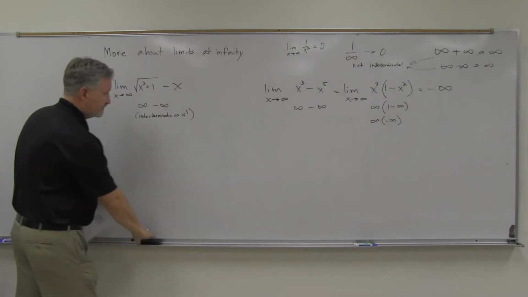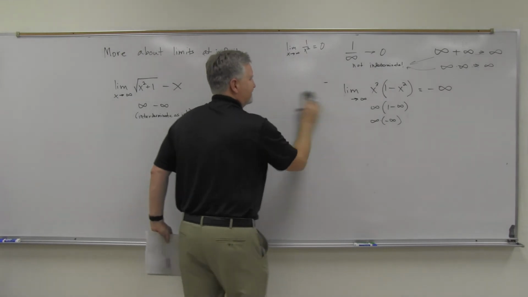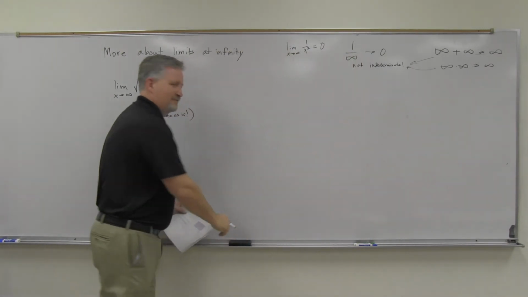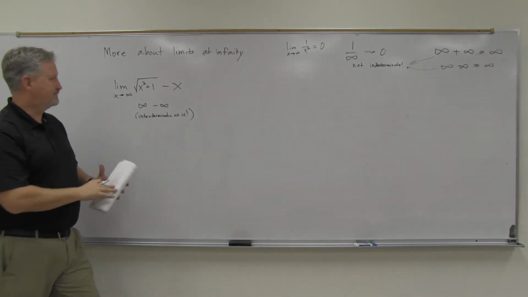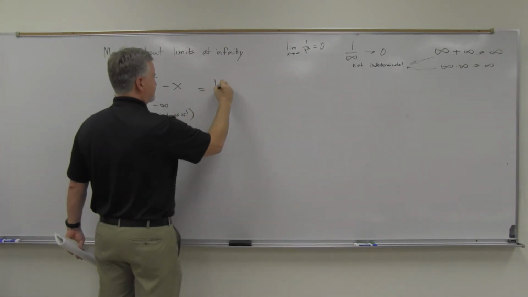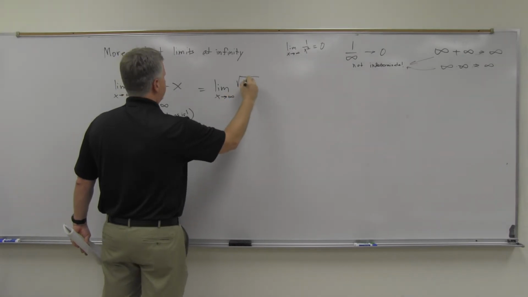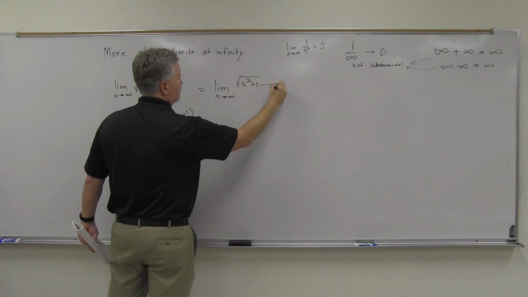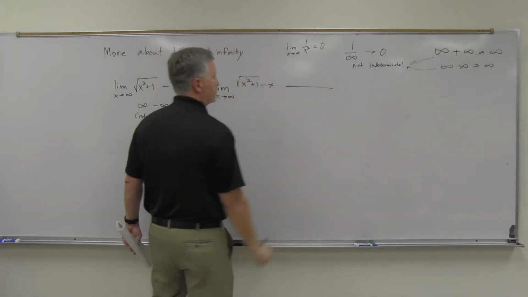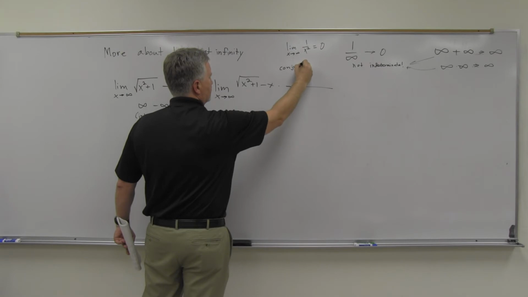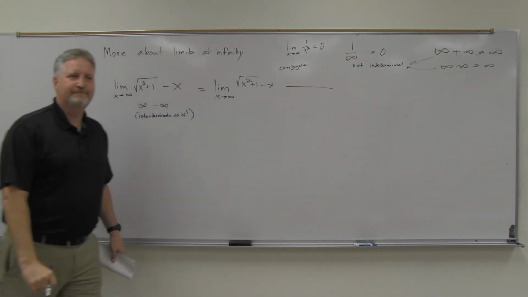Okay? And so, on this one, we're going to pull out an old friend we've used before, the conjugate. Let's multiply the top and bottom by the conjugate. Remember the conjugate?